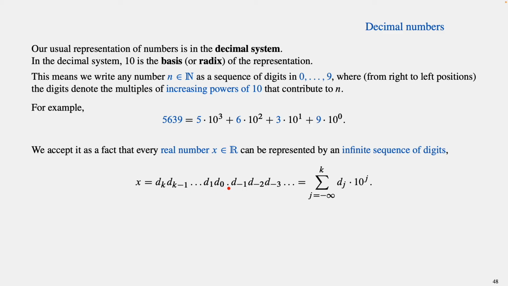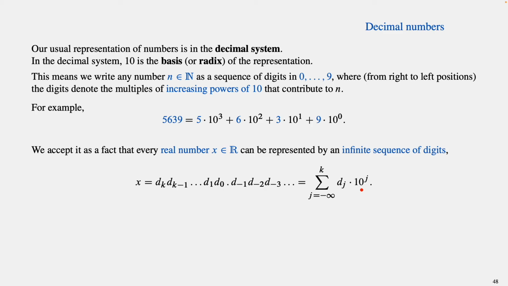And then we have the decimal dot, and here we have the fractional part. And there can be infinitely many digits for a real number. So d_{-1}, d_{-2}, d_{-3}, and so on. And more conveniently written with a summation notation. So this is the sum from j equal minus infinity to k of d_j times 10 to the power of j.